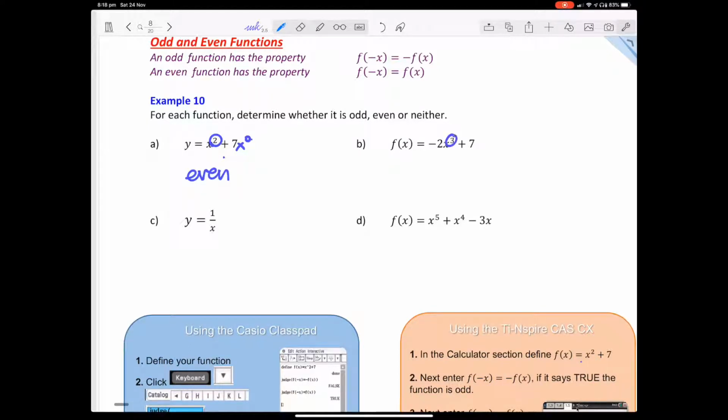This one here is x to the 3 and x to the 0. So I've got an odd and I've got an even, so it's neither. This one here is x to the 1, so that's going to be odd, as we said. This one here is odd, even, odd. Now when I've got a mixture, that's going to be neither.